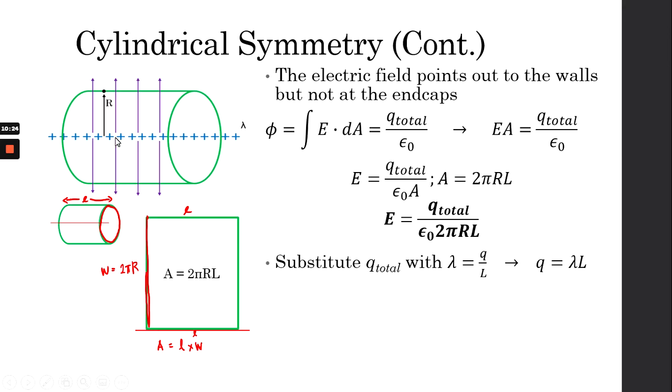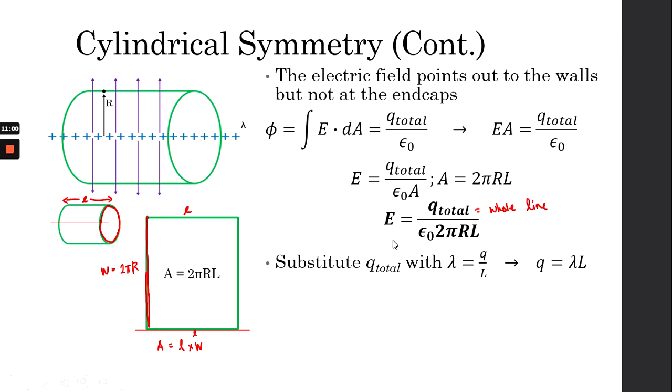This is necessary because this Q total right here is the total of the whole line of wire, this whole blue thing here. And we know that this is infinitely large, but what we are only looking for is the electric flux here, and more specifically this length right here, this limited length. So I want to find the total charge of this limited length, and in order for me to do that, I have to use my lambda.